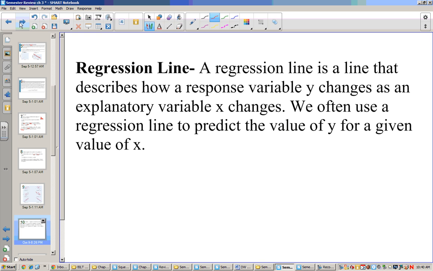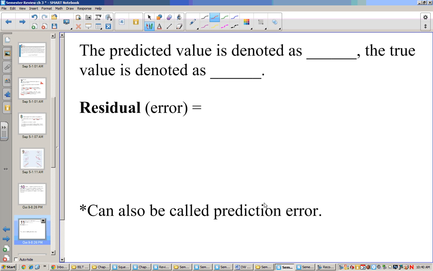A regression line is a line that can describe how the response variable changes with the explanatory variable. I think you have that down pretty well. The predicted value is our y hat value, and the true value is our y value. So whenever we have a residual, we take our y value and subtract our predicted value to get our residual.